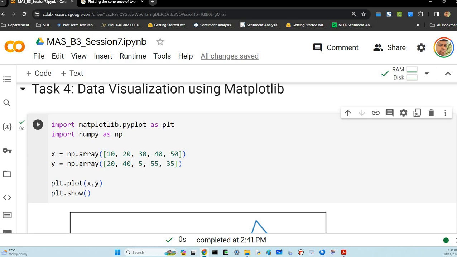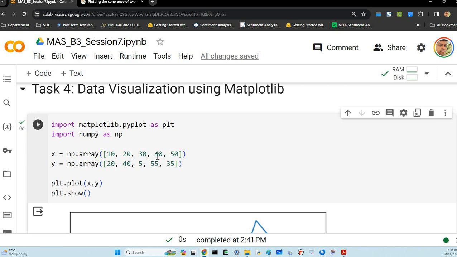So we define x and y with these values. So manually we put some values. Actually, instead of just typing the numbers, you could have used a range.